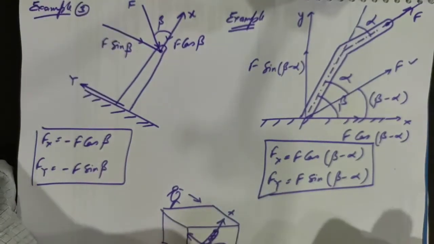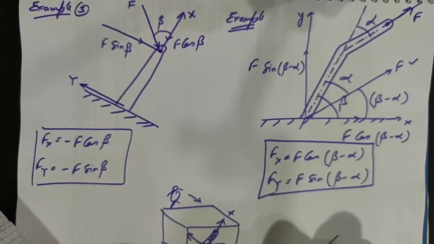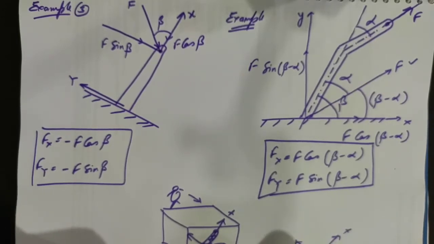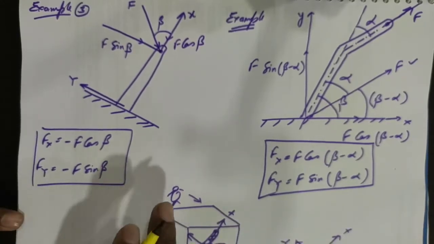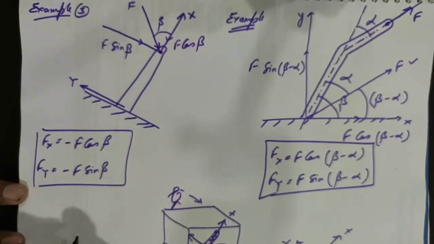If I draw, I may draw the coordinates like this, x and y, because I am standing over here. But you are standing like this, so you may draw the y axis like this, this is y and this is x.